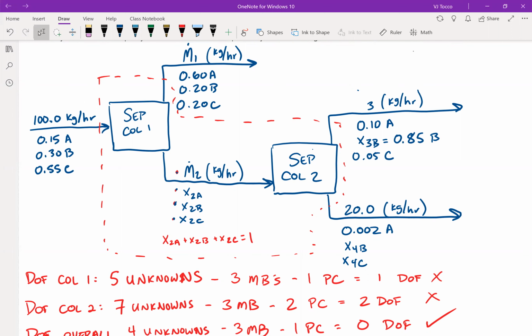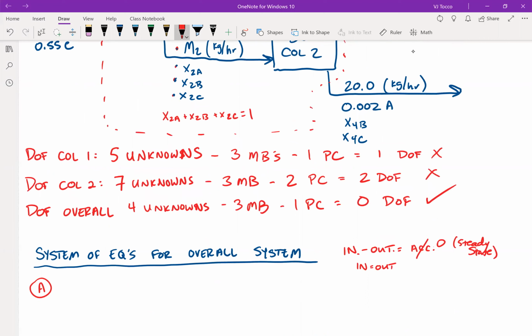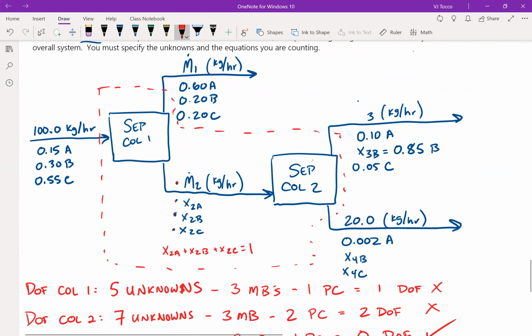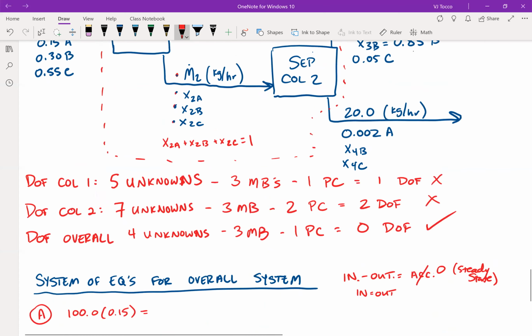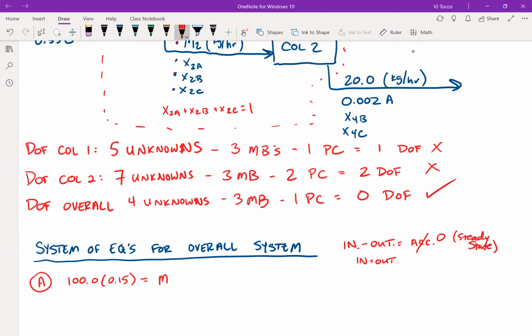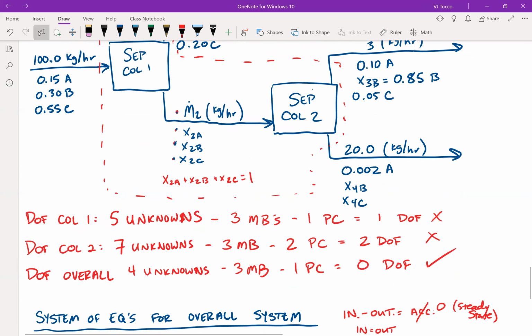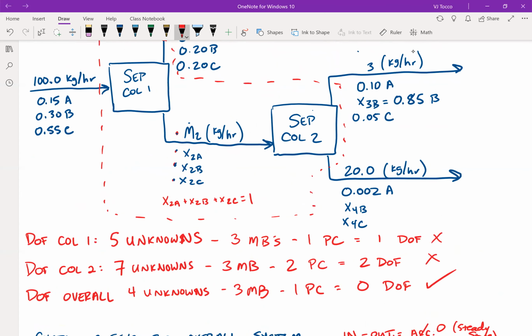All right, so how much A do I have coming into the system? I have 100 times 0.15. So 100.0 times 0.15 is equal to what is coming out of the system. I've got A coming out of the system in this stream, M1 times 0.60. I've got A coming out of the stream here.